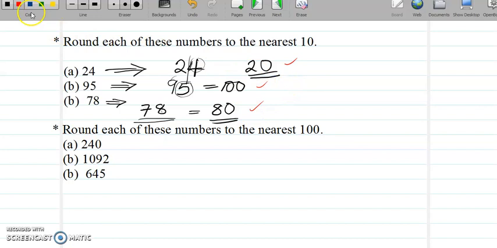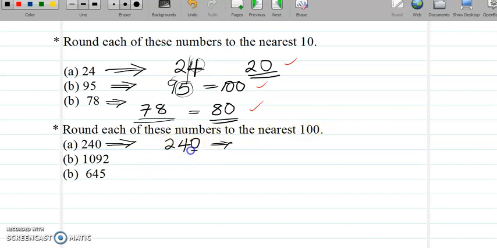Now let's look at this question also. Here we said, round each of the numbers to the nearest 100. So tell me the answer to this. What will be the answer to this? 240. Work it out. To the nearest 100 gives us what? That's fine. We have 100 is double 0.